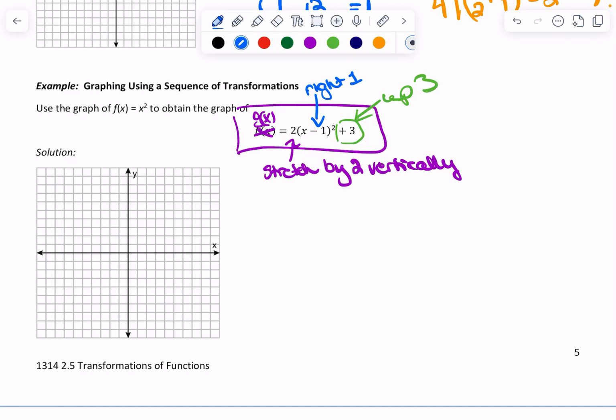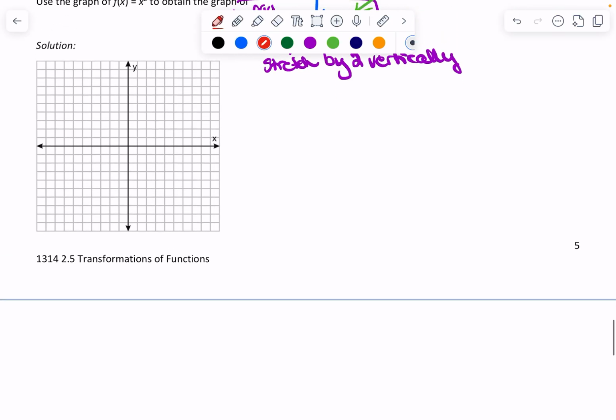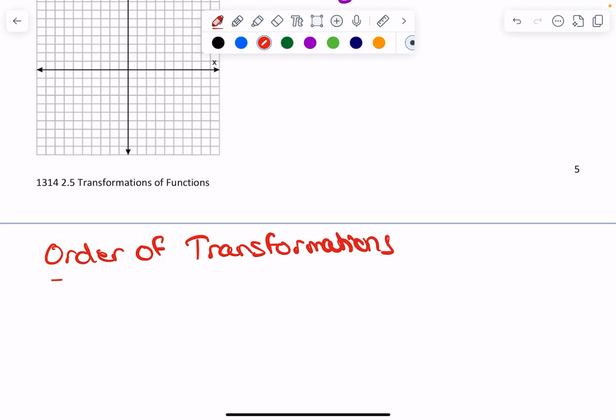Okay, here's the thing though. There is an order that needs to be followed when we are doing these. The order of transformations has to be followed. So let me write down the order of transformations. First, you're going to do the horizontal shift.